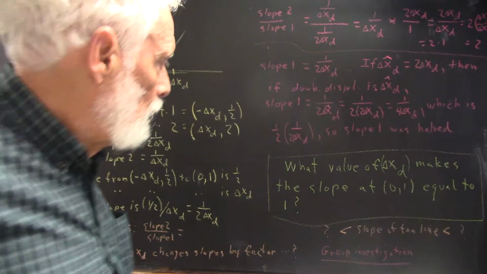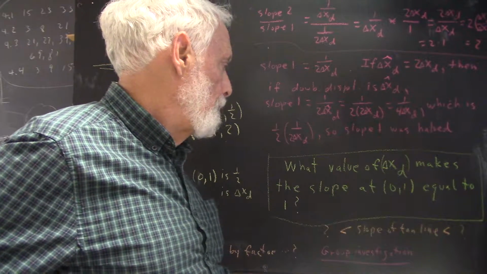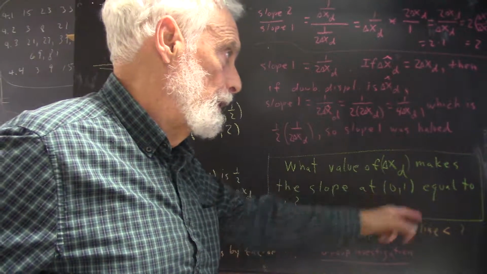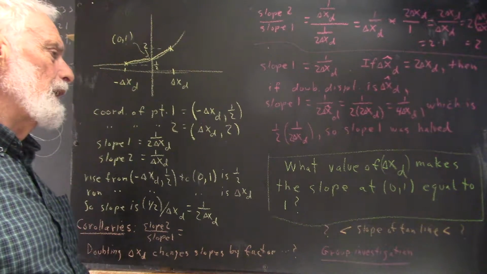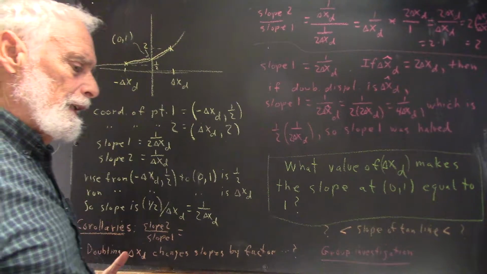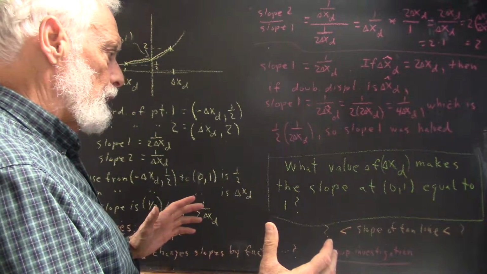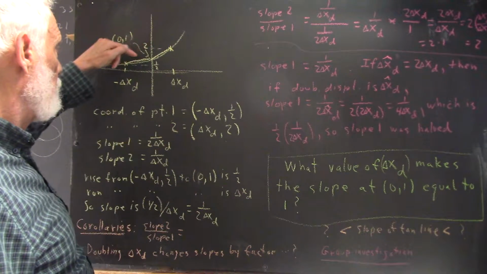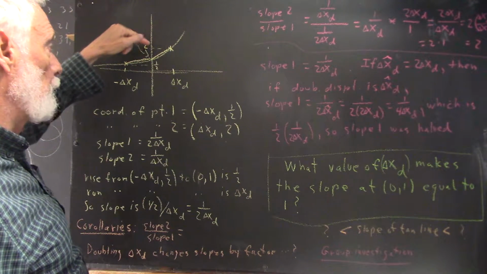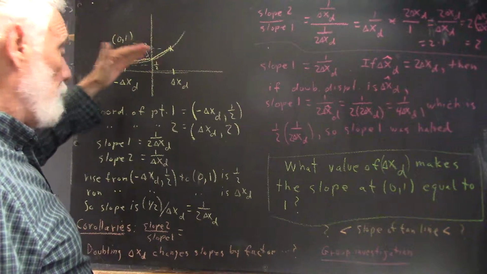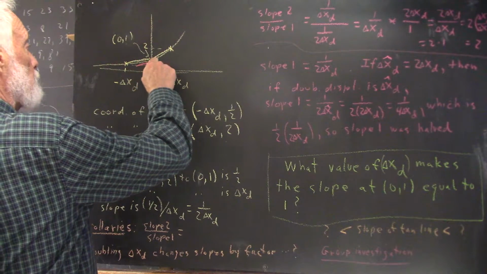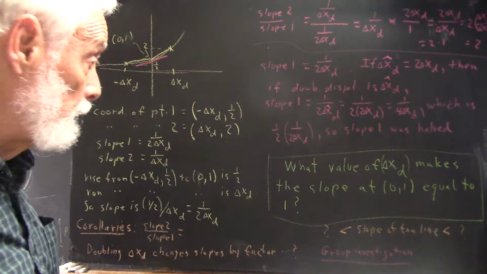Now, question, what value of delta x sub d makes the slope at 0, 1 equal to 1? Okay? There's our question. We know that there probably should be one because if delta x sub d is 2, the 2 chords have slopes of 1/4 and 1/2, so that the slope of the tangent line would have to be between 1/4 and 1/2, and certainly then less than 1/2.